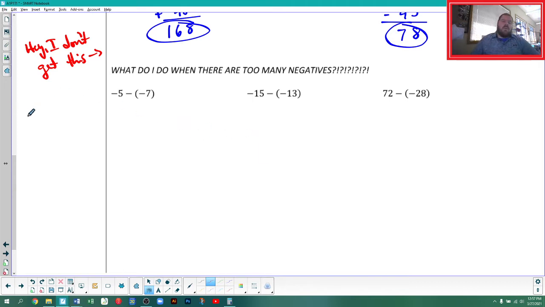Can we try some more of those types of problems? But here I might say subtracting a negative is like adding a positive.